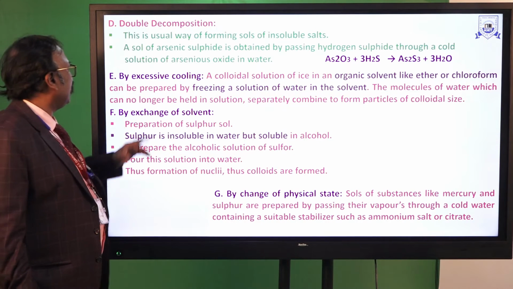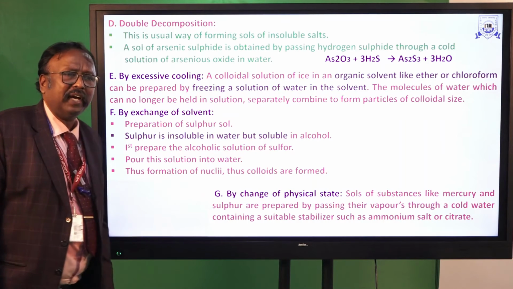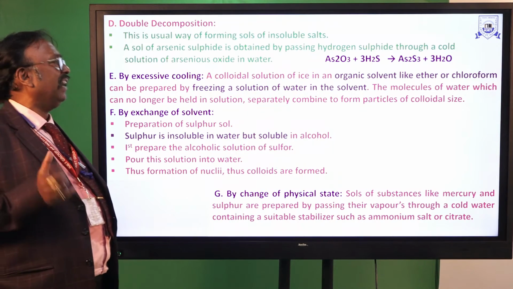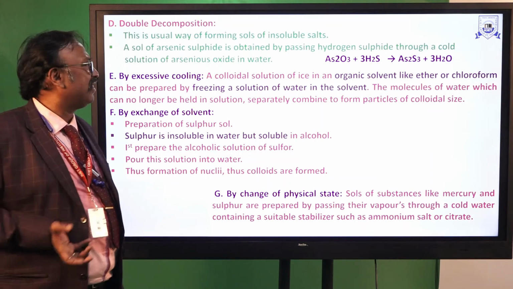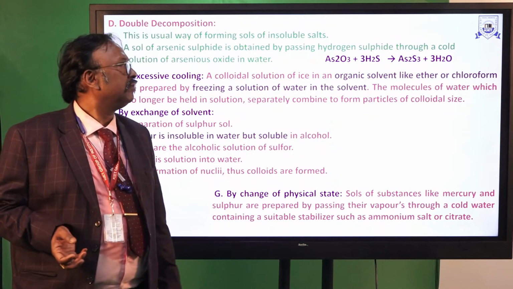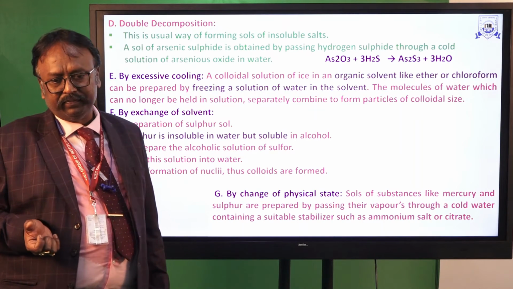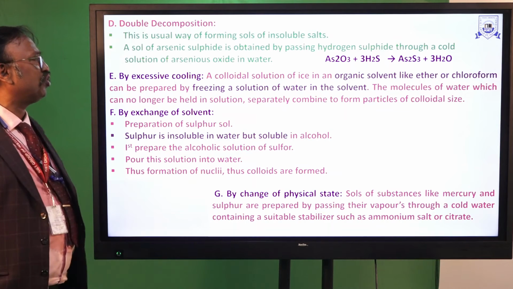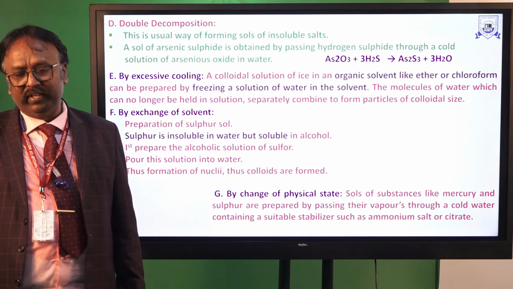Another method is excessive cooling. Excessive cooling means the colloidal solution is subjected to ice or some organic solvents like ether or chloroform, and can be prepared by freezing the solution of water in the solvent.